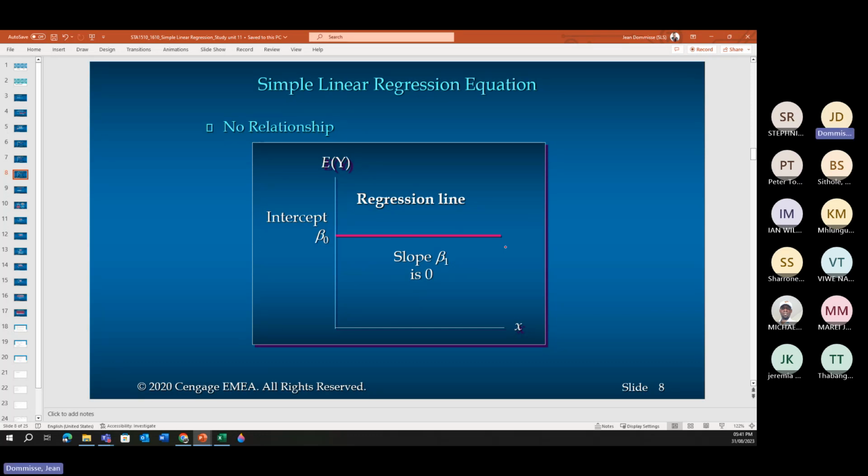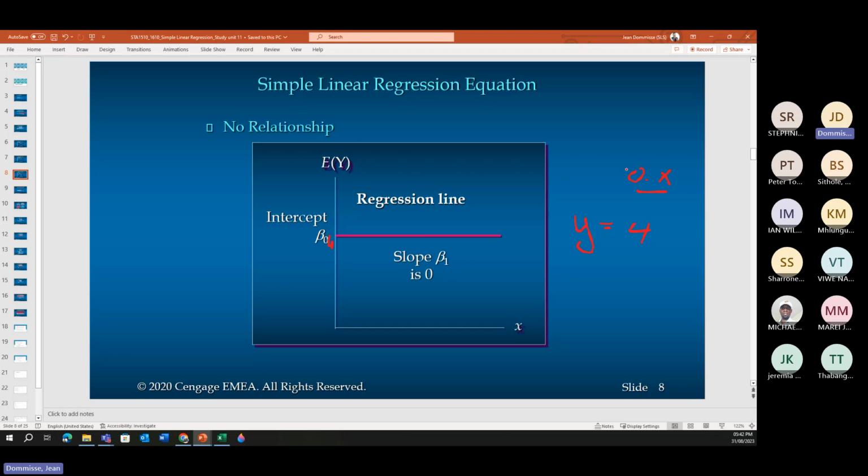So if it is a straight line like that, and let's say that it went through 4, your straight line would be y is equal to 4, because your slope would have been 0, and 0 times x gives you 0.